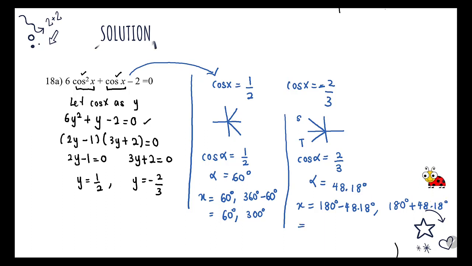So the angle in the second quadrant will be 131.81 degrees, and the angle in the third quadrant will be 228.18 degrees.